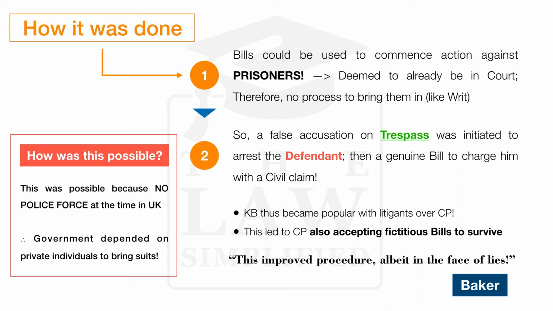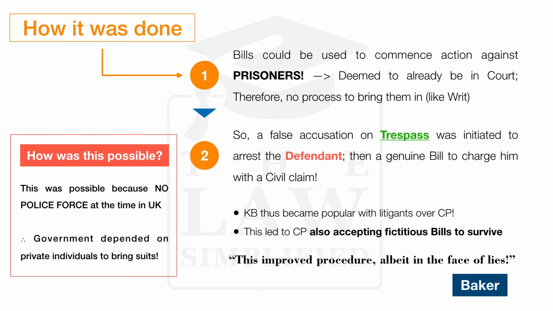The way in which this was possible, however, the reason how a person could be accused and then brought before court as well without much questioning whatsoever, was because you need to understand that in the UK at the time, there was no such thing as a police force. So the citizens themselves, the litigants themselves, were tasked with finding the perpetrators and bringing them to justice.